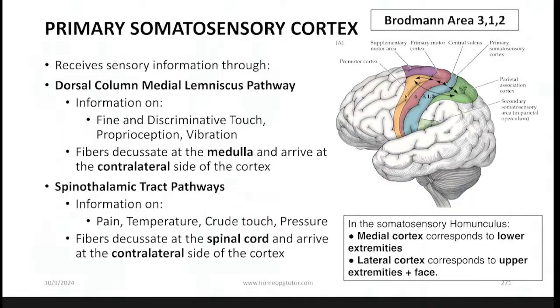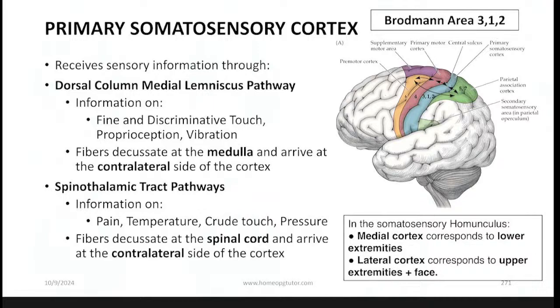Now, over here, the primary somatosensory cortex, which is basically dealing with the conscious awareness of a somatic sensation, receives the information through two pathways. One is the dorsal column medial lemniscus pathway. We had mentioned, right? Fasciculus gracilis, fasciculus cuneatus.